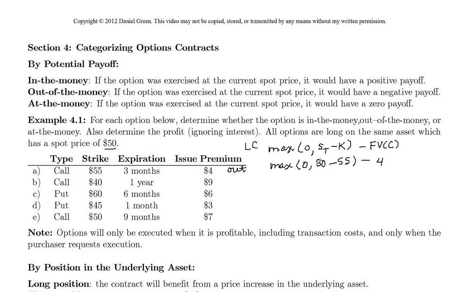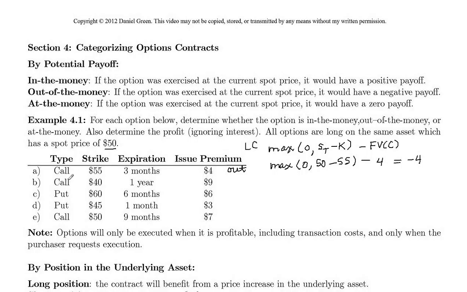So this would be negative 5. The max of 0 and negative 5 is 0, minus 4 is negative 4. That means we are not going to exercise the call. That's assuming we don't exercise. If we did exercise it, we would incur another $5 of loss.